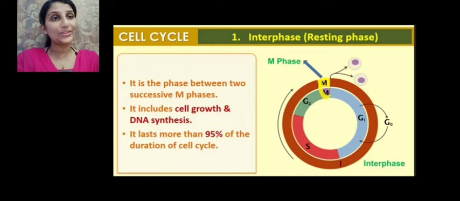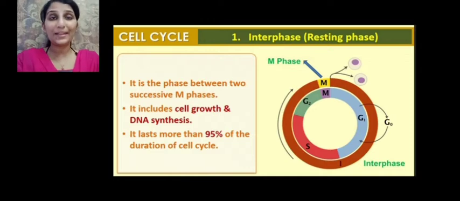This cell which has undergone the M phase enters into the interphase, and after that the cell enters into the M phase. Let me repeat: the cell which has undergone M phase, the mitotic phase in which we can see it getting divided, enters into interphase, and after that the cell which has undergone interphase enters into M phase.